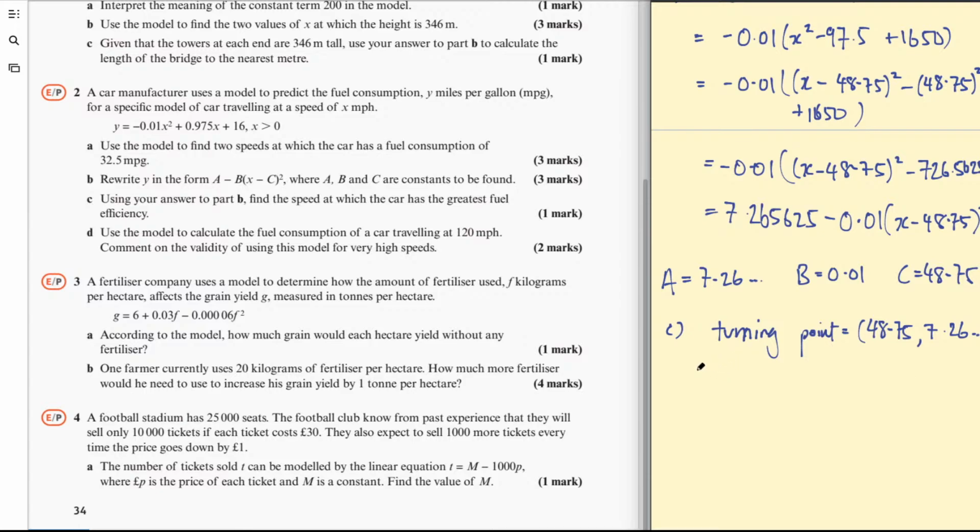So what does that mean in the context of this question? Well, this would actually be a minimum, I guess. So this would be the minimum fuel consumption, and this would be the speed at which you achieve that minimum fuel consumption.